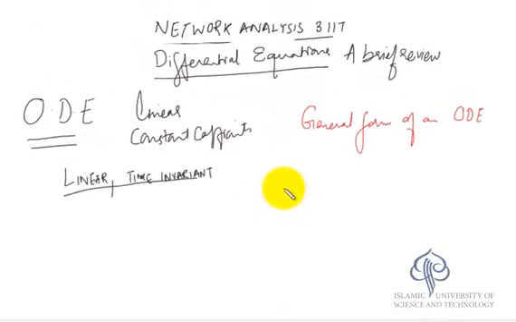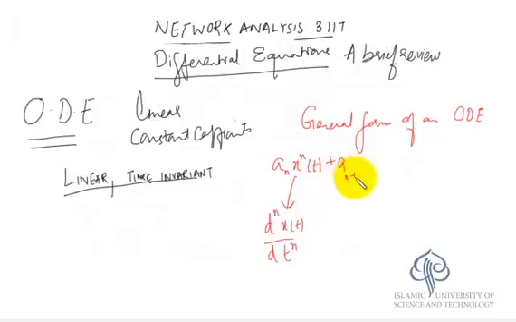So an ordinary differential equation with constant coefficients can be written in general as a_n x^(n)(t), where x^(n) represents the nth differential of x, right? Plus a_(n-1) x^(n-1)(t), plus so on.